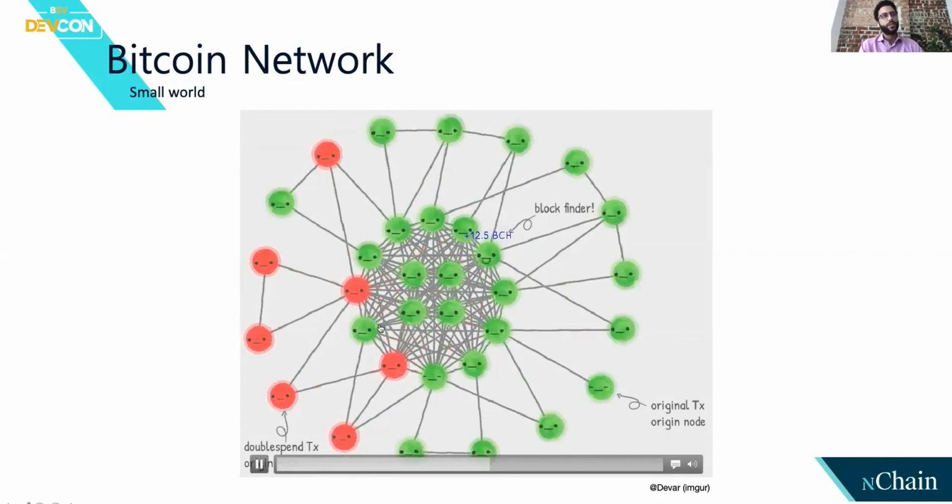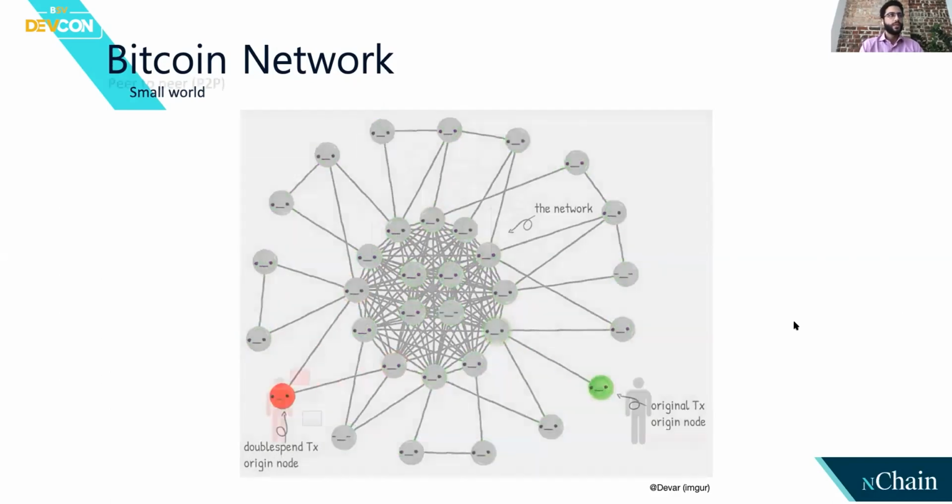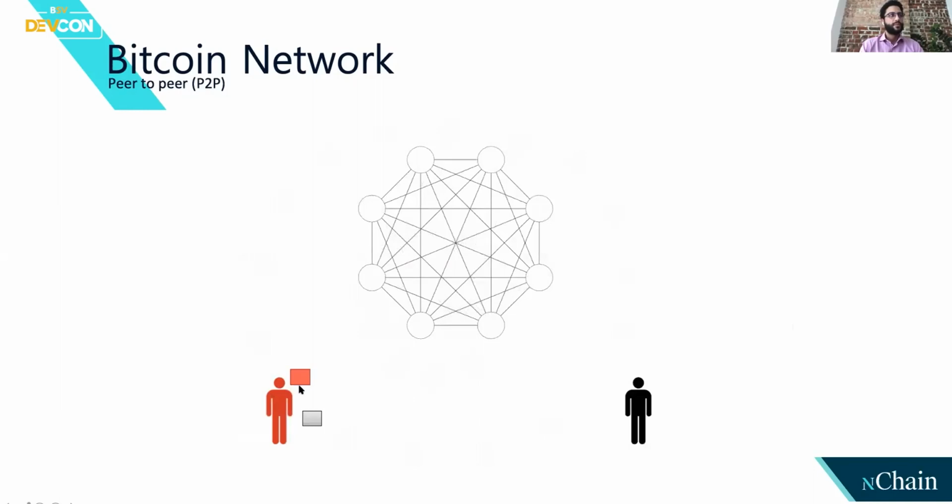And then immediately the miners will be notified of the different transactions. We'll see in the next slide that this is not really that accurate, because this model is the legacy way, not the P2P way. It's not really clear if it's the customer or the merchant. It should be the merchant who is settling their transaction. So in the next slide, this is the more accurate way of modeling the double spend situation.